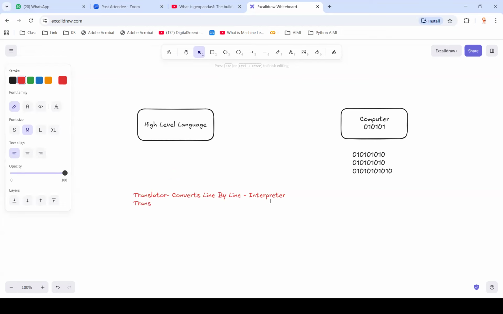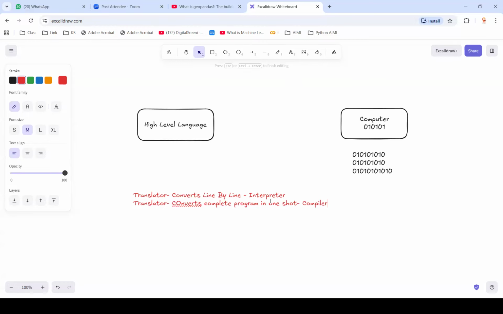And the other translator which converts the complete program in one shot, that translator is called the compiler. Okay, understood?